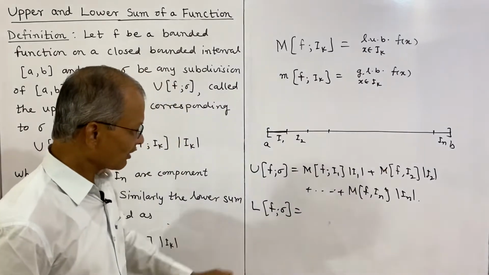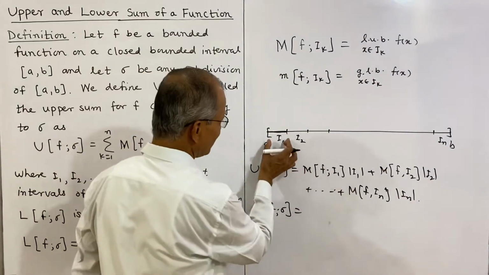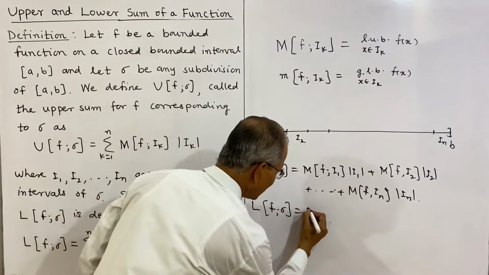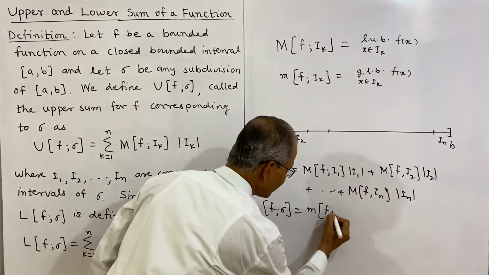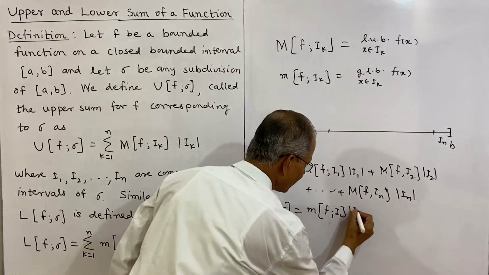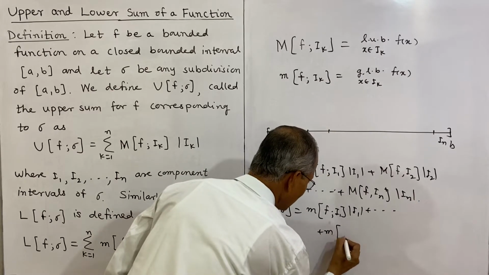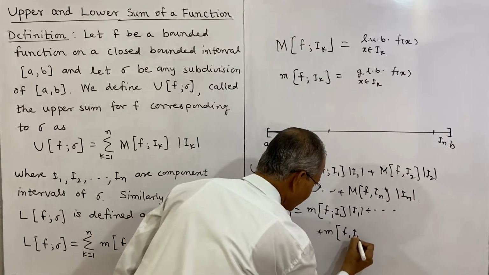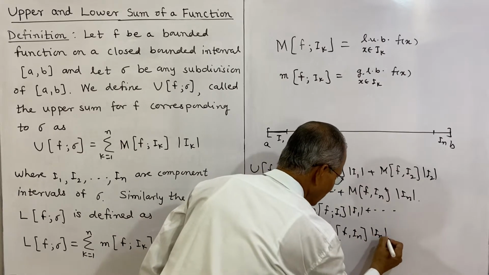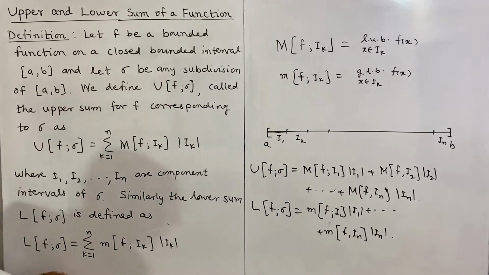So similarly for lower sum we have to take the minimum value of the function in each interval, and that we have denoted small m of f on I1 into the length of I1 plus, and that is continued up to small m of f on In into the length of In. So this is the meaning of the lower sum.